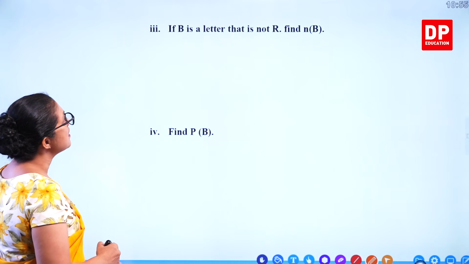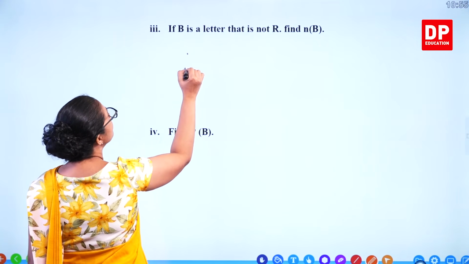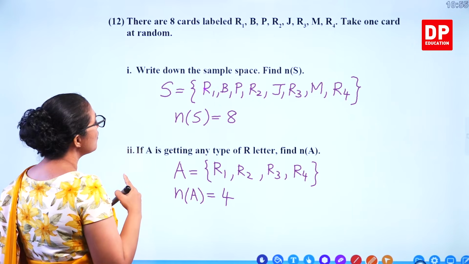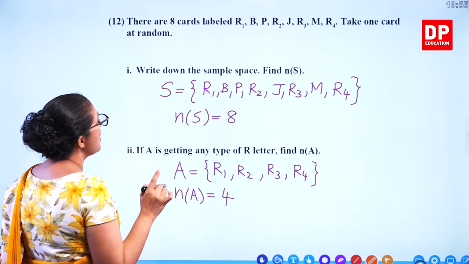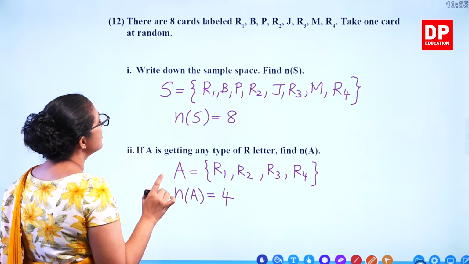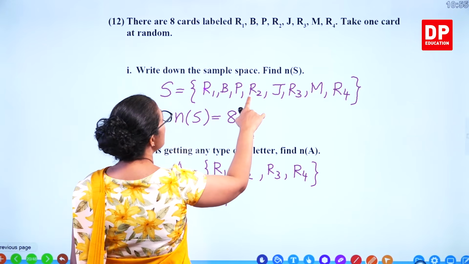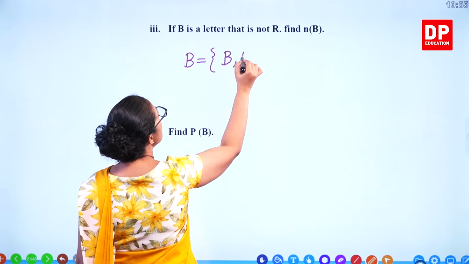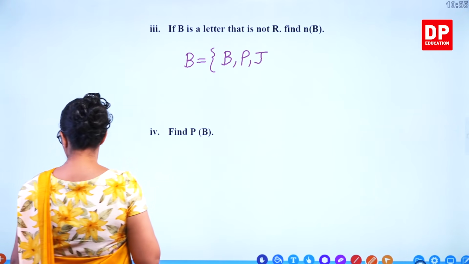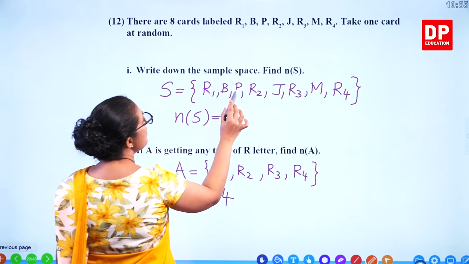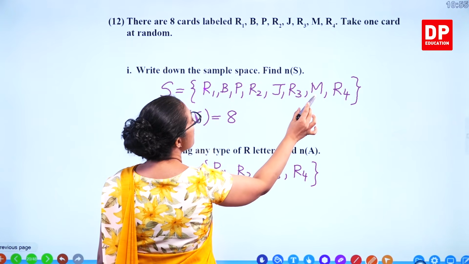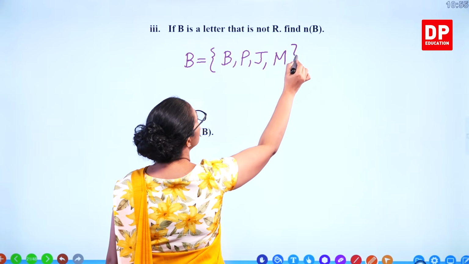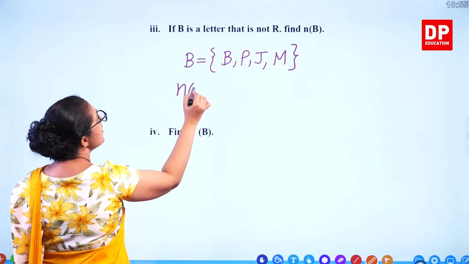If B is a letter that is not R, so not R means what are the possibilities? You can write all the other letters. B, P, J. What are the other letters? B, P, J, M. Those are not R. So how many are there?